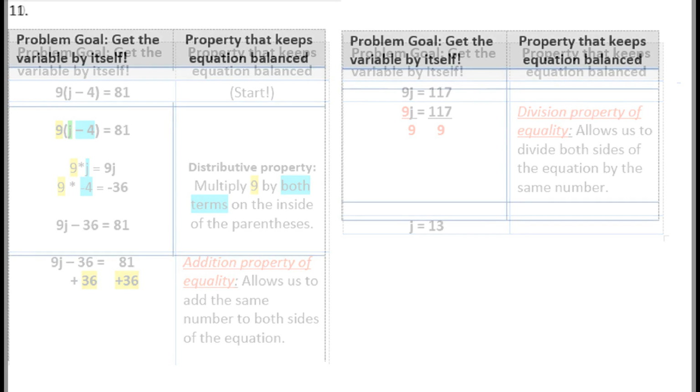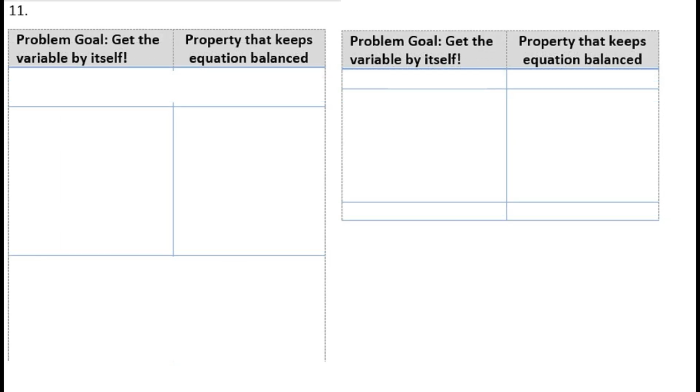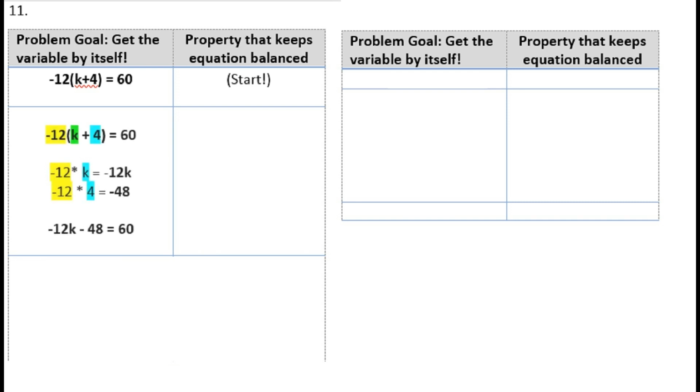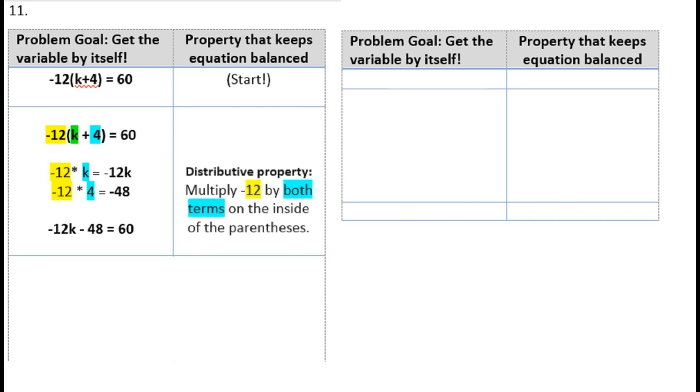All right. So going on to number 11. The problem we have this time is negative 12 times the quantity k plus 4 equals 60. Okay, so we're multiplying negative 12 by both of the terms on the inside of those parentheses. So negative 12 times k is negative 12k. Negative 12 times 4 is negative 48.